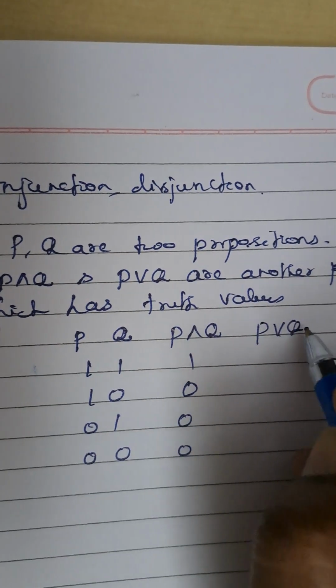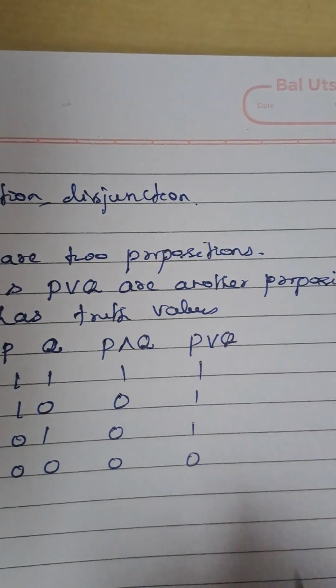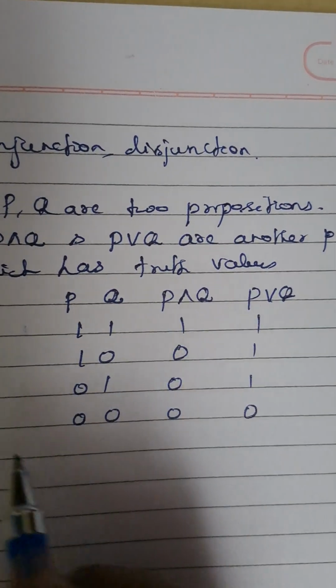P or Q has truth value 1 1 1 0. So this is what we have seen in the last session.